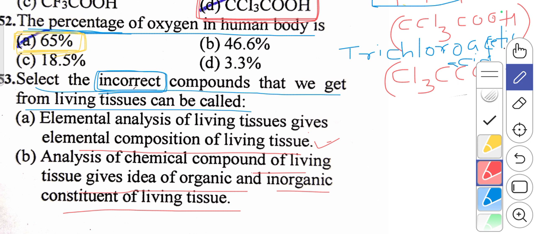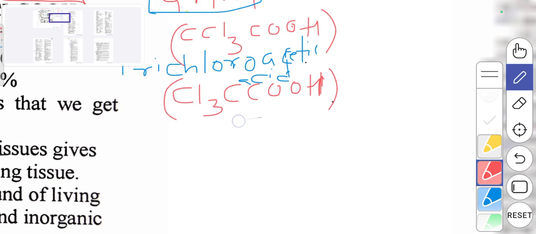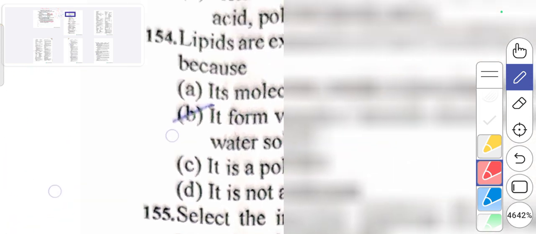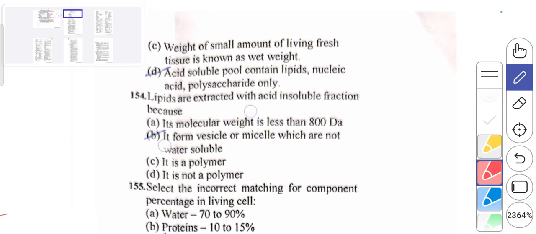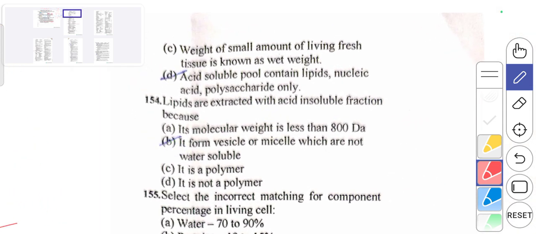Living tissues will contain these two things, that is organic and inorganic constituents. So this one is also true regarding the living tissue. Let's know the other two options given in the question.